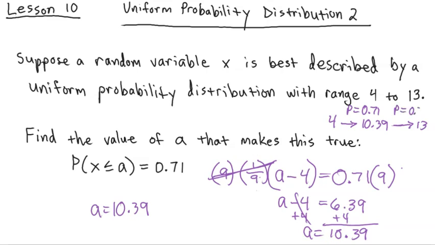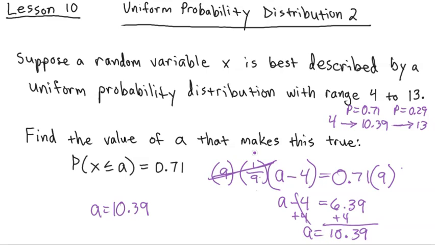It's going to be 0.29, because if we add up this interval of probability, we get 0.71. If we add up this probability, we get 0.29. If we add them together, we get from 4 all the way up to 13, which we know is 1, because all probabilities of the entire interval equal 1.